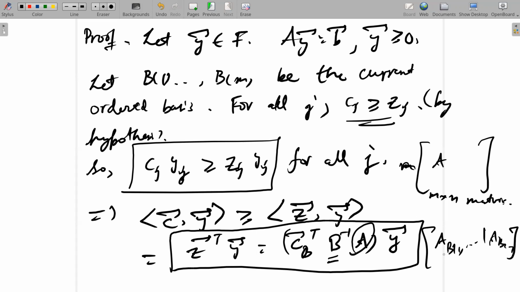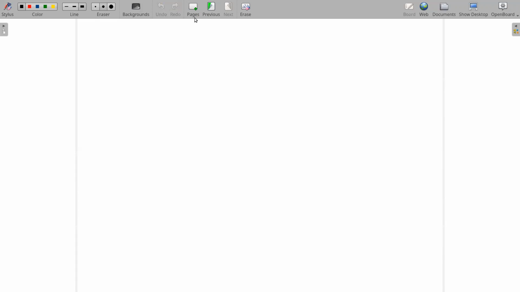This is an invertible matrix, because we chose linearly independent columns, and these were an ordered basis for Rm. So this is our B, and here we're taking B inverse A. I want to say that Z is in fact equal to this. This is just a reminder; we have done this in the previous lecture.